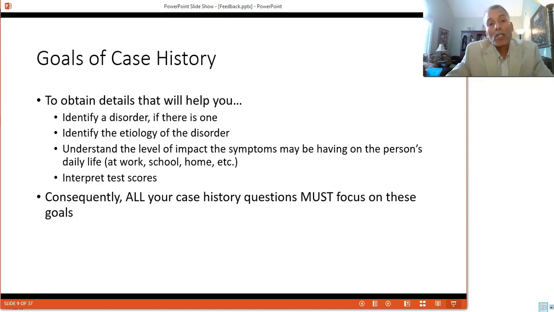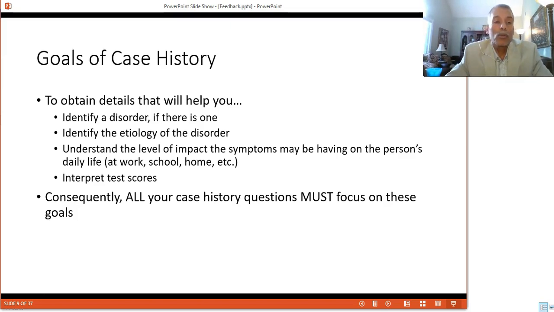The information you get also may enable you to identify the etiology of the disorder. For example, an adult comes with a stuttering problem, and in the case history you find he just had a car accident recently and was admitted to the hospital. That will pinpoint the cause.